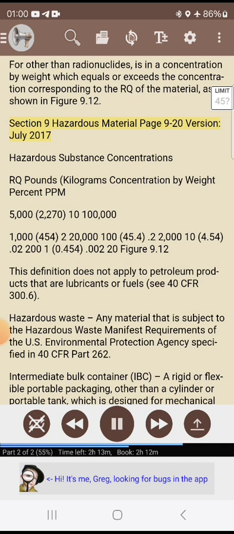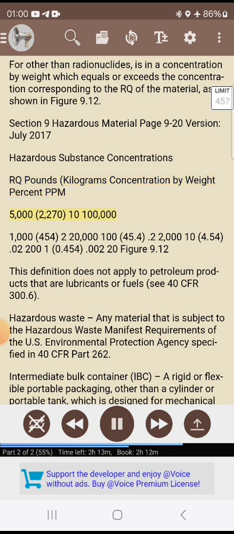Section 9 Hazardous Material, page 9-20, version July 2017. Hazardous substance concentrations. RQ pounds, kilograms, concentration by weight percent, ppm. 5,000, 2,270, 10, 100,000. 1,454, 2, 20,100, 45.4. 200, 1.